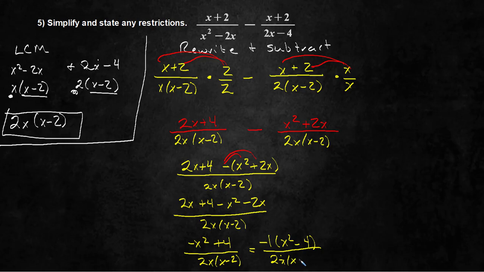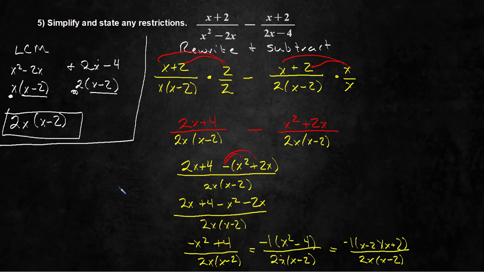And when you do that, you end up with negative 1 times x minus 2, x plus 2, divided by 2x times x minus 2.